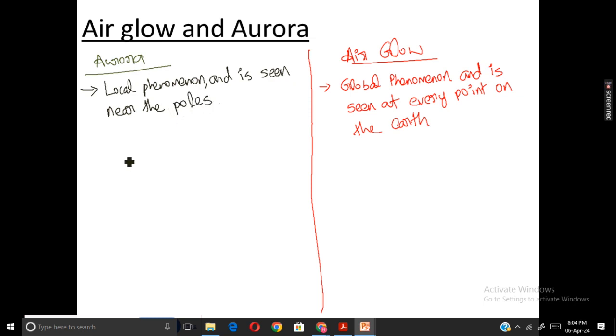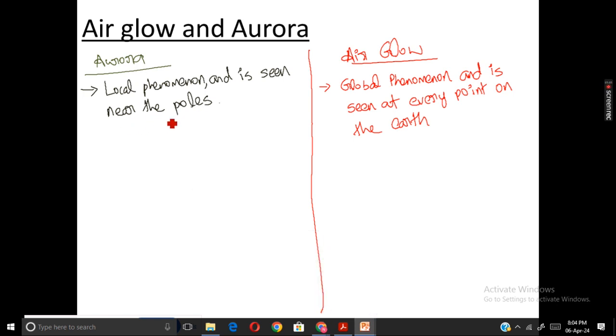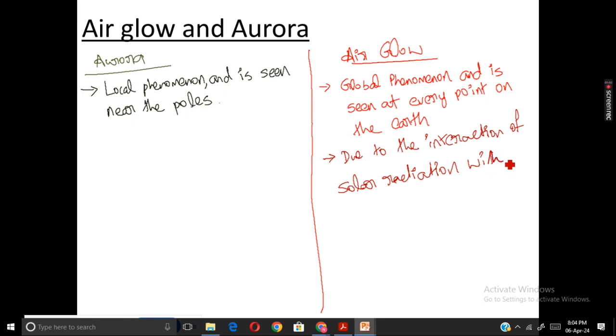Okay. Then airglow is basically due to the interaction of solar radiation with atmospheric constituents.